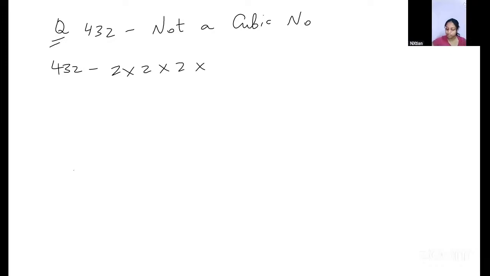Yes, Emma. The factors of 432 I got were 2 into 2 into 2 into 3 into 3 into 3 into 2.